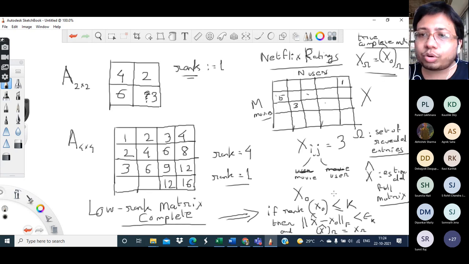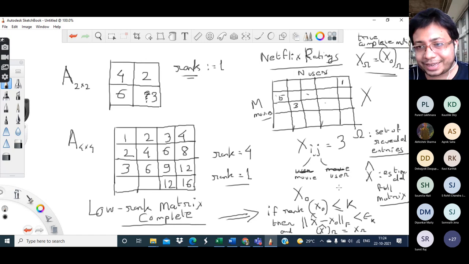Okay. So this is quite hypothetical. This can become useful if there is any reason for me to believe that X naught is actually low rank. That is, if I can actually bound the rank of matrix X naught. So this is the user rating matrix.